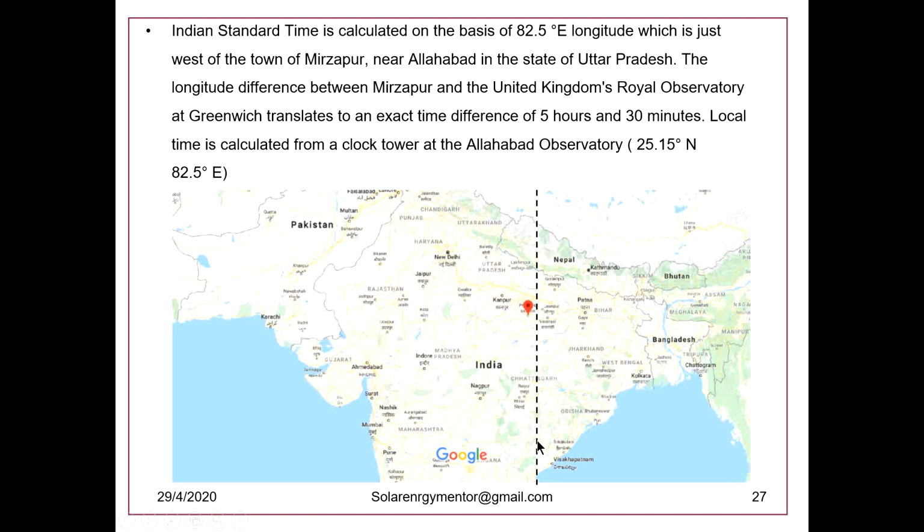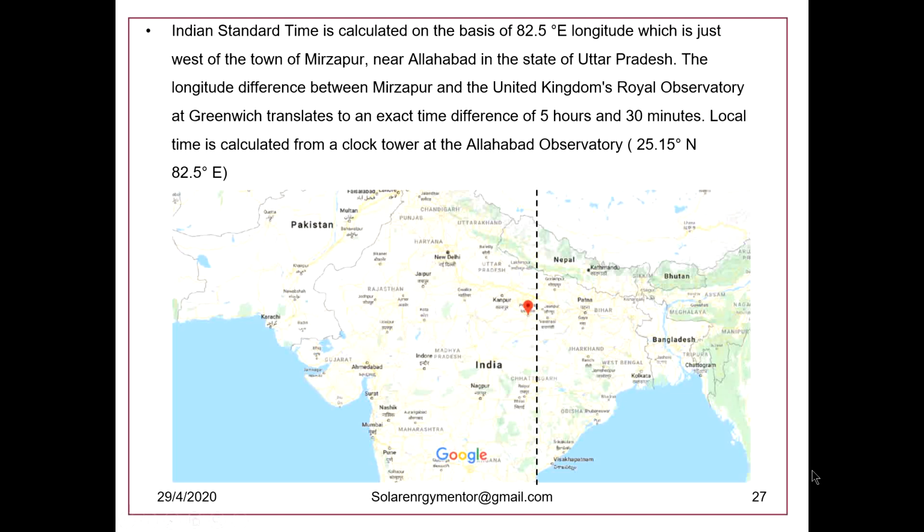So if the clocks are showing 11:30 at 82.5, the local apparent time also comes out to be 11:30 there. Accordingly, the Indian time is 11:30, whether it is some location in Gujarat, Rajasthan, or even Assam. So it is 11:30 Indian standard time.